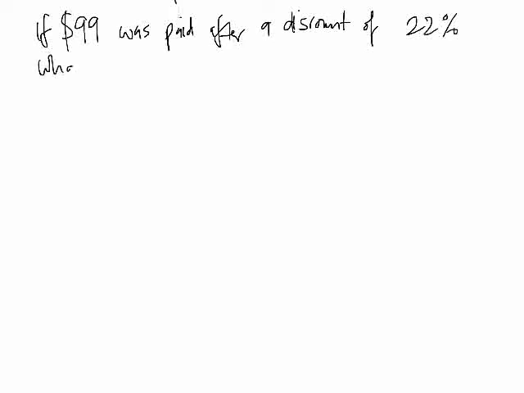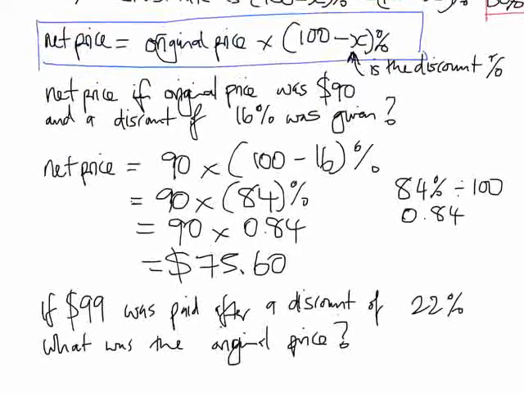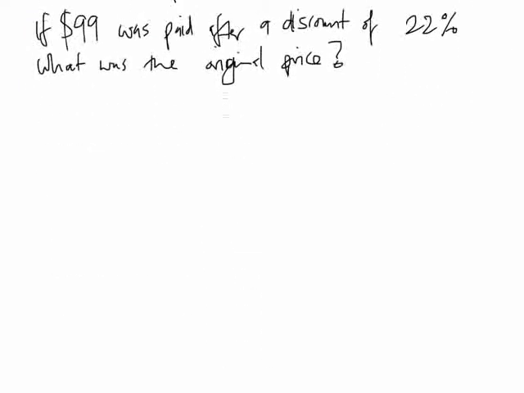What was the original price? So again, we're using this formula. We just know different things. We know what the net price was. We know what was paid for in the end. We're trying to work out what the original price was, knowing the discount.